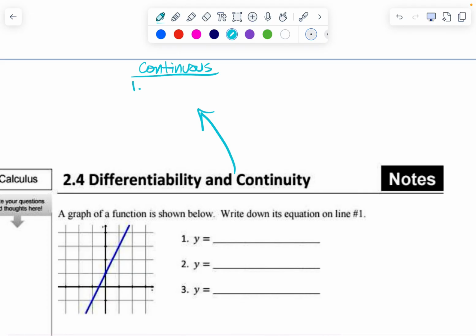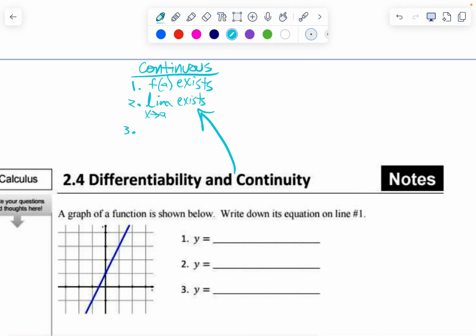Okay, so the 3 is how we wrote it. f of a exists, if we want to say it. Let's put an a in there just so we keep it clear. f of a exists. The limit as x approaches a also exists.